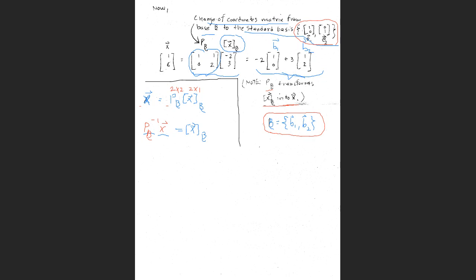So we solved a vector equation, but here's another way. Of course, the issue is you have to get the inverse of that coordinate matrix, but it's not too hard. It's a 2 by 2. All right.